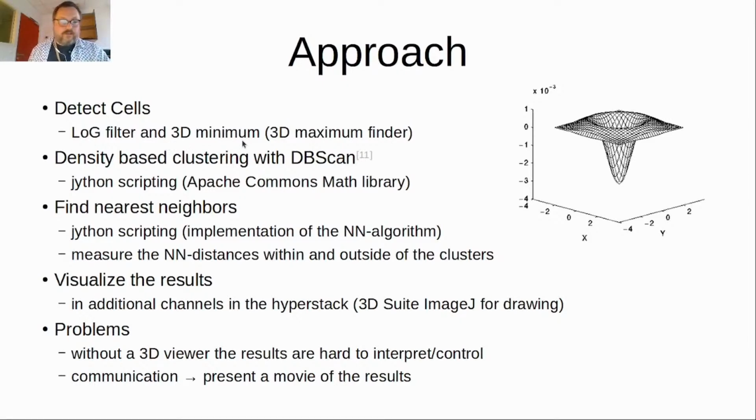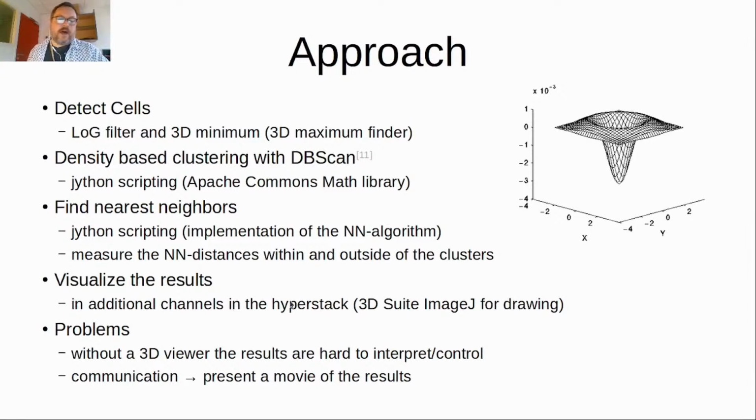To detect the nuclei, then we use a DBSCAN algorithm from the FIJI library, which we use via JSON scripting, and then we use another JSON script to find the nearest neighbors and measure their distances. And since we started this project before we discovered Napari, we add the results as additional channels to the hyperstack.